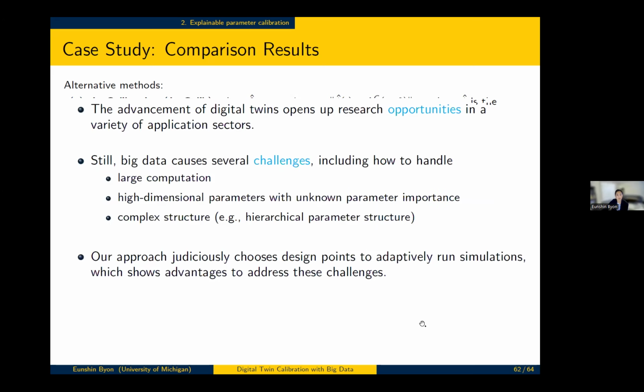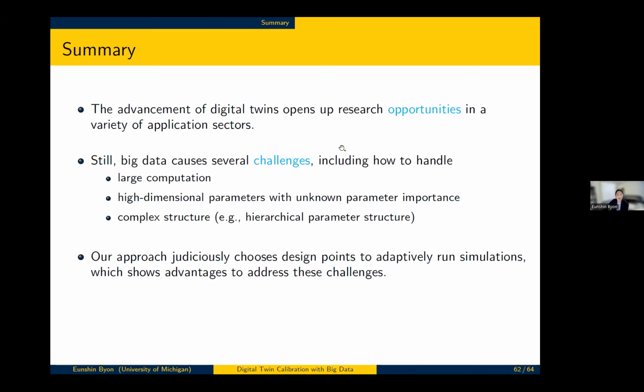All right, so in summary, the advancement of digital twins opens up new research opportunities in a variety of application sectors. However, big data still poses several challenges, including how to handle large computation when you have a large number of data points, how to handle high-dimensional parameters with unknown parameter importance, and how to handle complex structure. For the sake of time, I only presented 2 projects, but I have another project that has a hierarchical parameter structure.